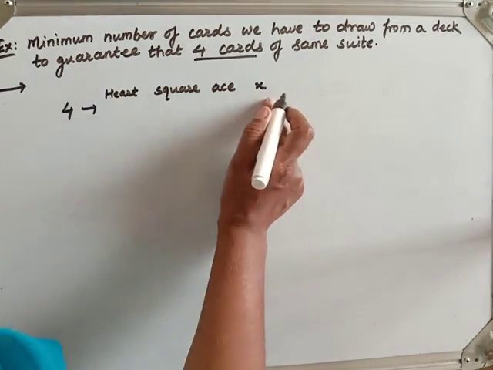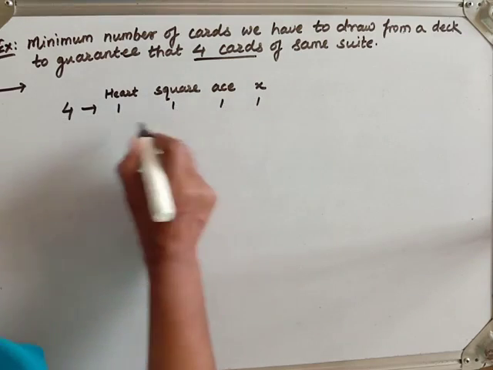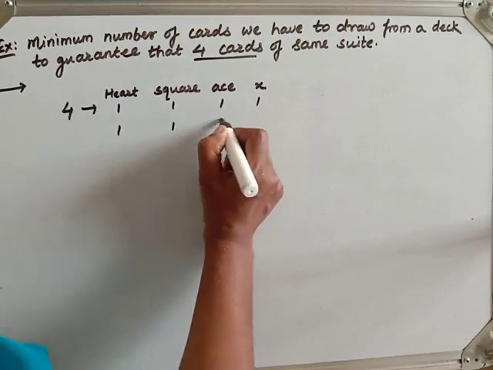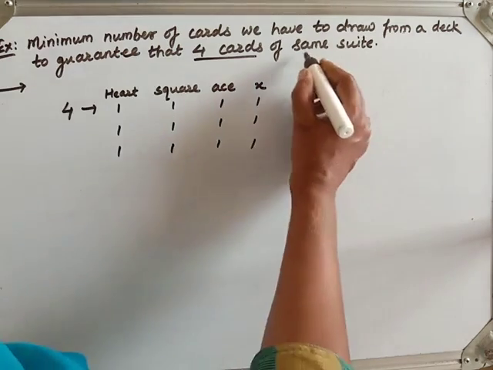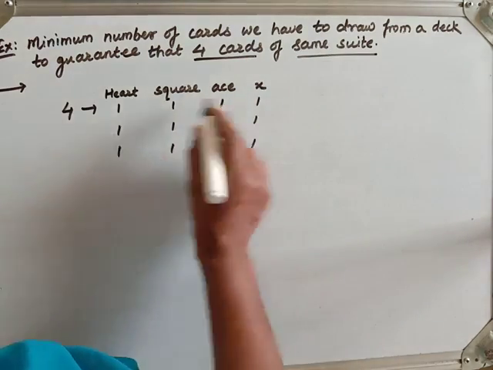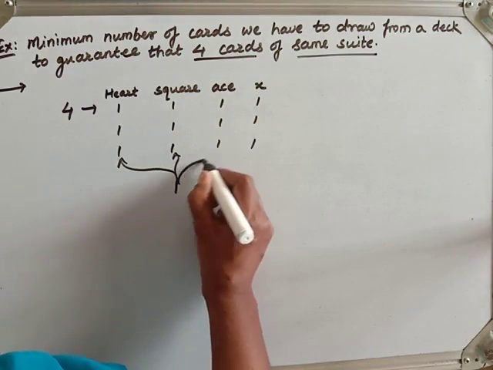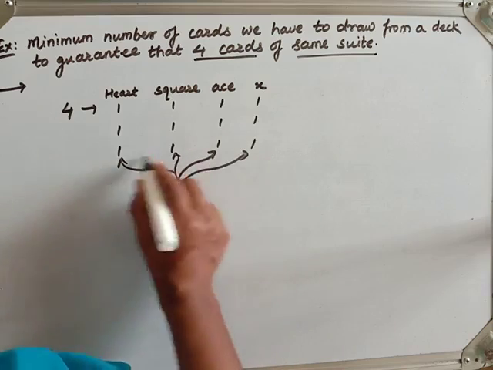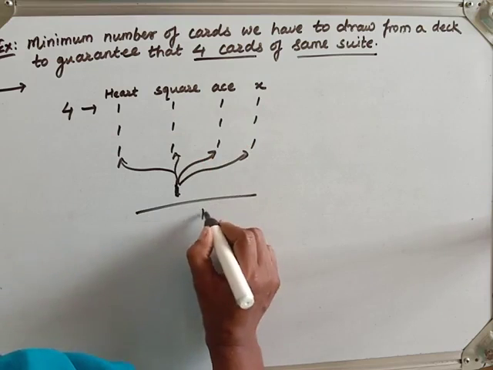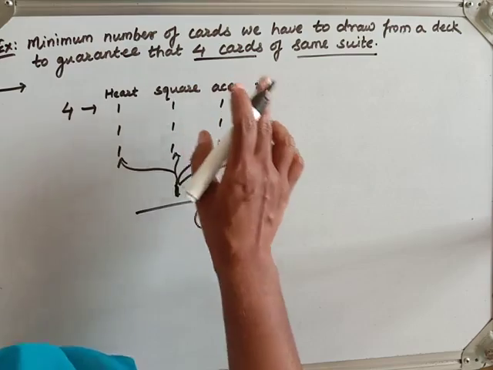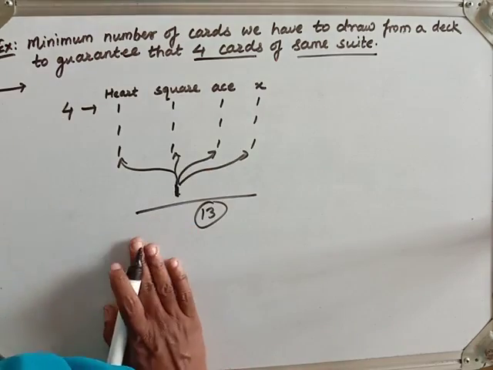Suppose the 4 cards we have to select may be as such, and again next time also as such. Now one more card may be of any of these suits. So these are 12 plus 1, total 13 cards we need to select. Minimum 13 cards we have to draw to guarantee that 4 cards are of the same suit.